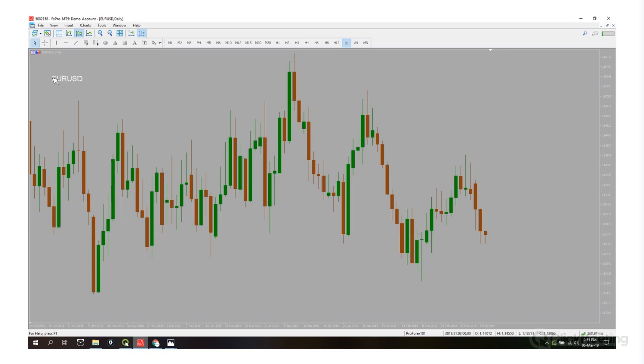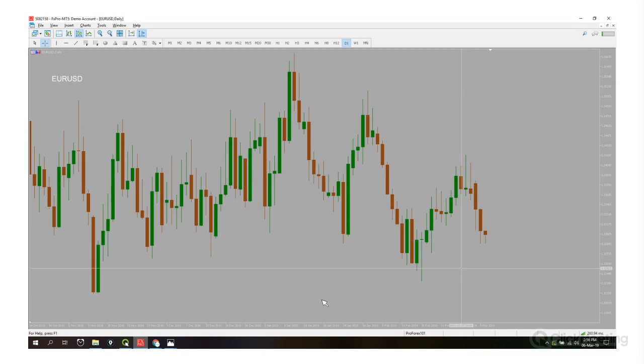The currency on the left is your base pair, and the currency on the right is your counter pair. That's how we get the price of the charts. So for a single euro you get $1.13.